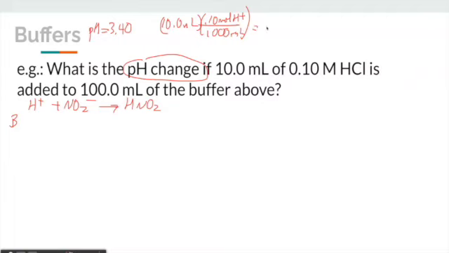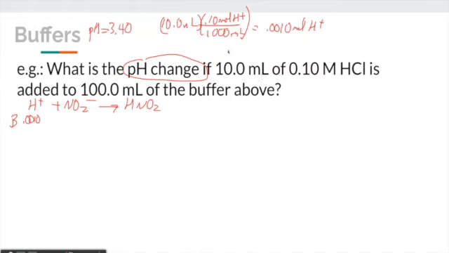So that means we have 0.0010 moles of H plus. So that we can put in here, 0.0010. How many moles of NO2 minus do we have?